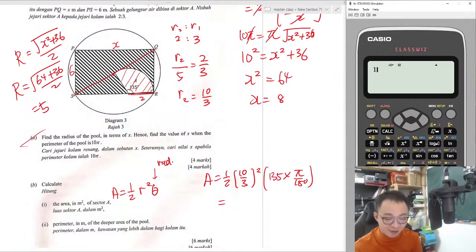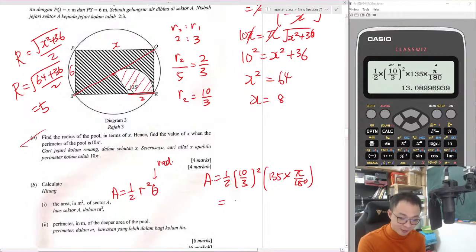I type everything into the calculator: 10 over 3 squared, multiplied by 135 multiplied by pi over 180. So I got the final answer, depending on what form you want to leave it in: 13.09 cm squared. Done.